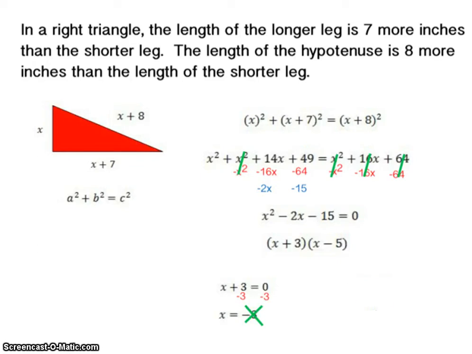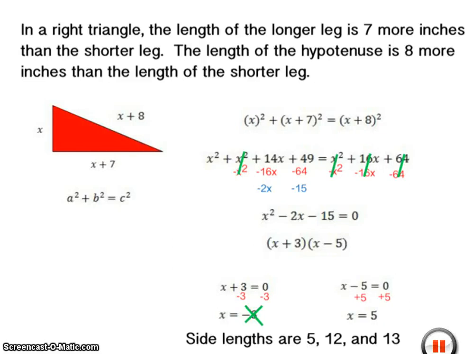It's an extraneous solution. However, the second factor gives me x is equal to 5, which tells me the side lengths are 5, 12, and 13. Please pause now and write down this example. Also, bring any questions that you may have to class. I'll see you then.